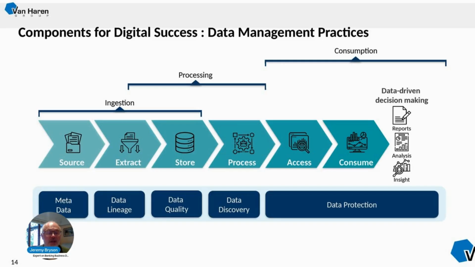And therefore, underlying the data itself, we need to introduce data management practices around metadata, knowing the lineage of where it came from, what the quality of that data is, how it is discoverable, how it can be accessed, and how we protect it.